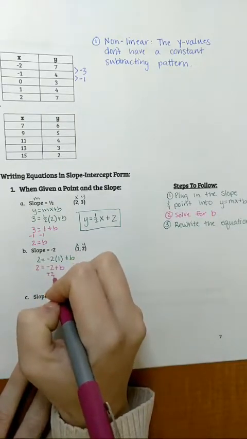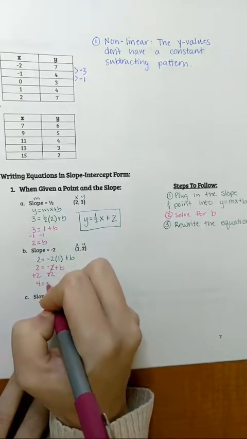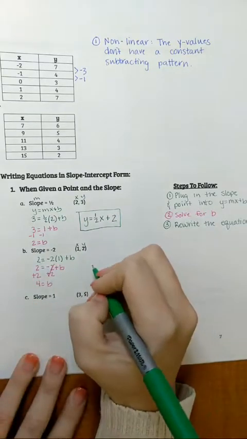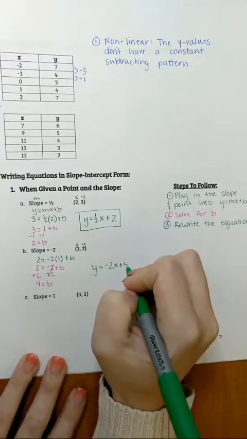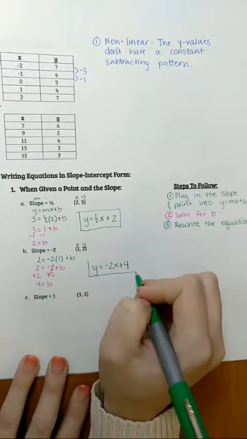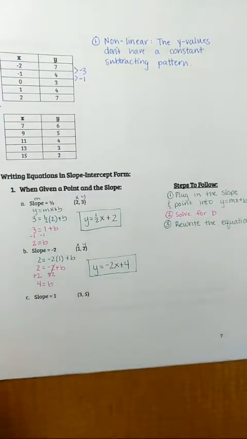So I'm going to add 2 on both sides. So 4 equals b. So y equals -2x plus 4. Okay, so you go ahead and do letter C on your own.